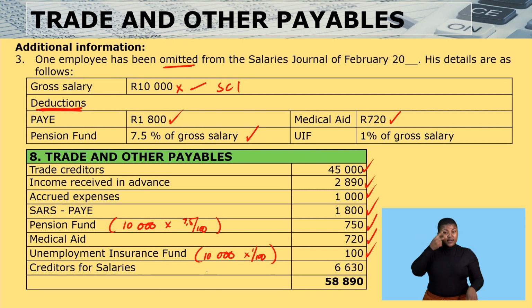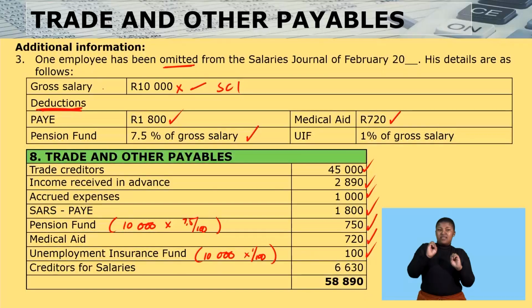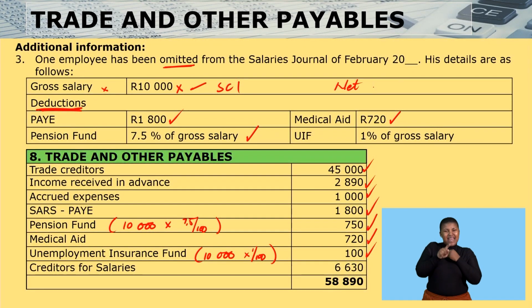However, the employee that has not been recorded will not receive the gross salary in their bank account. No. They receive what is known as the net salary. So in their bank account, they will get the net salary, not the gross.